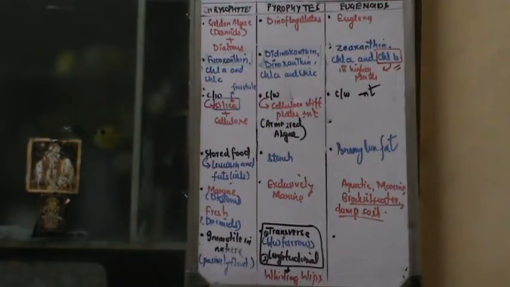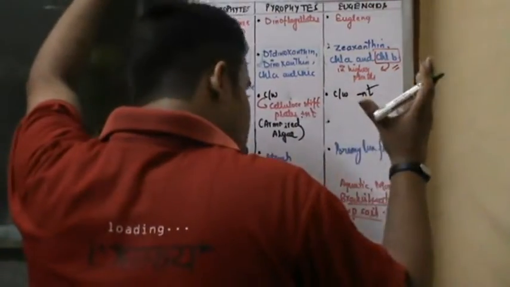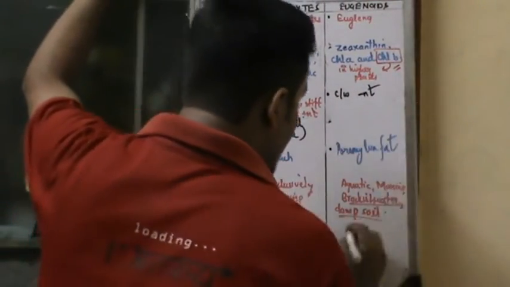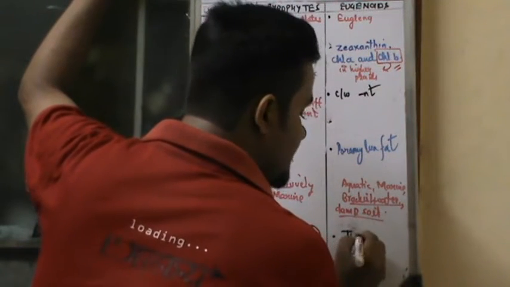It's not that there is always only one flagella, and this is very important. For euglenoids, there is one functional flagella. Actually, there are two flagella.